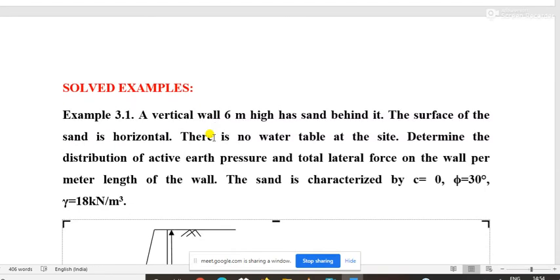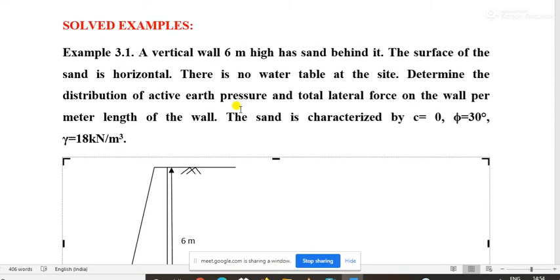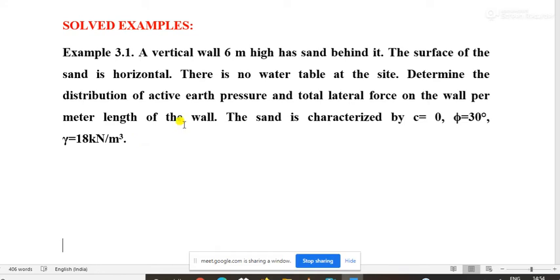Now we'll go for some numerical examples directly. First of all, you should read the question carefully. A vertical wall of 6 meter height has sand behind it. That means the backfill soil is sand, some cohesionless soil behind the retaining wall.